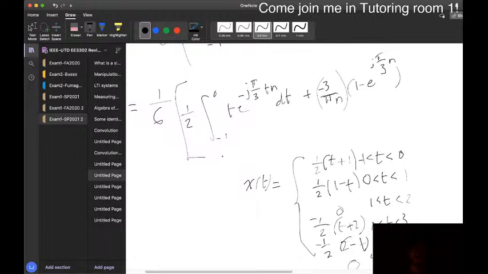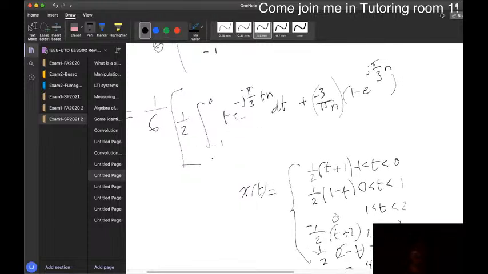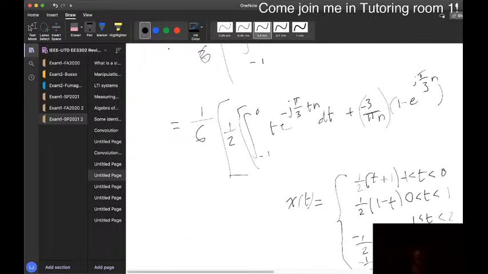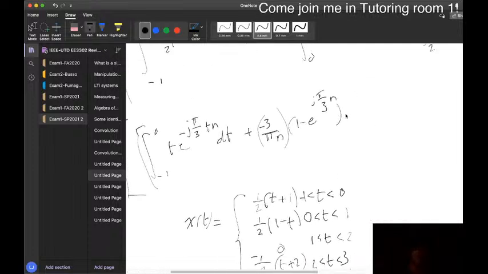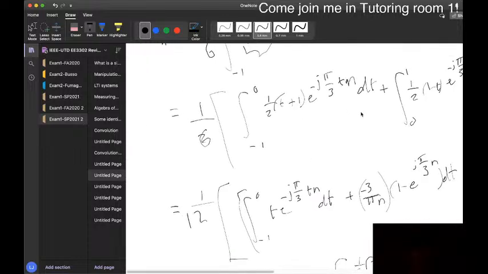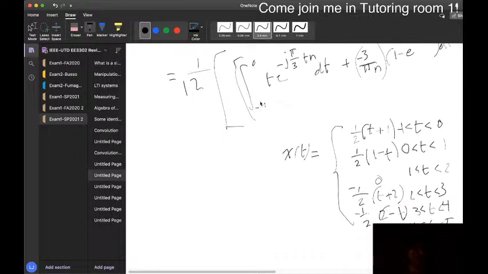I'm just doing that one integral. But this is 1/2, so I'm just going to move this out over here. So this is going to be dt. Okay.